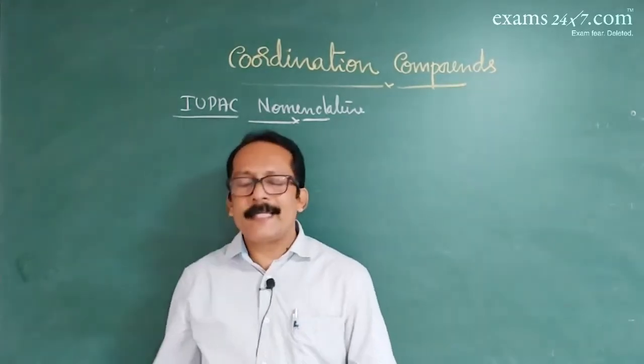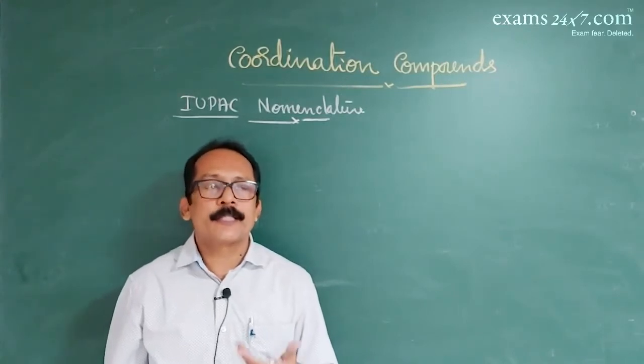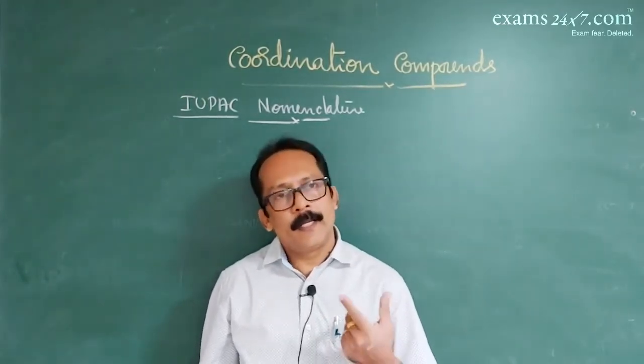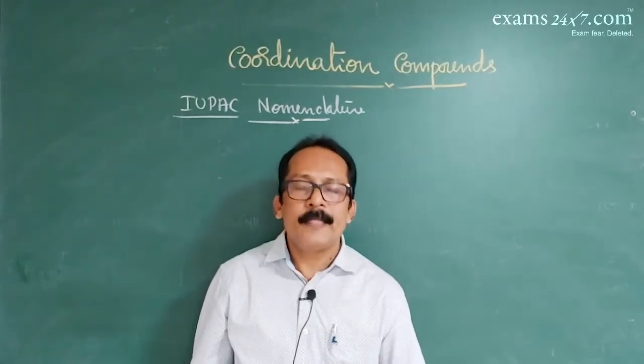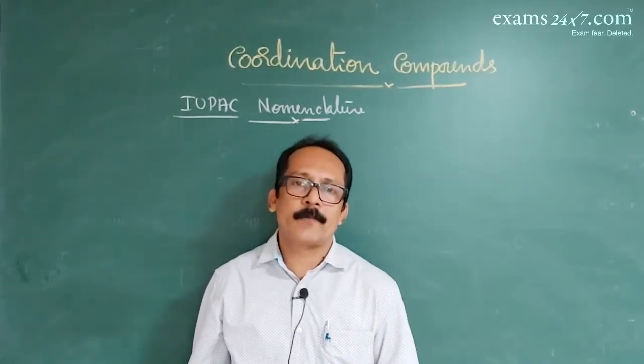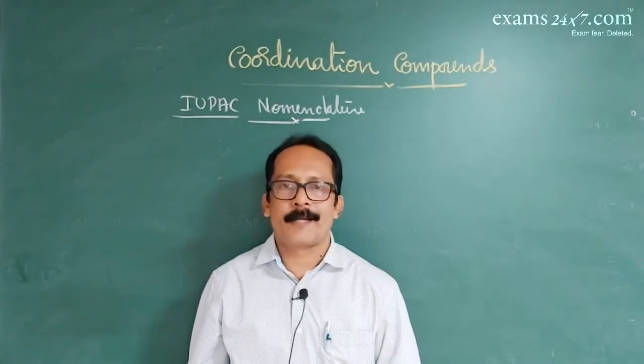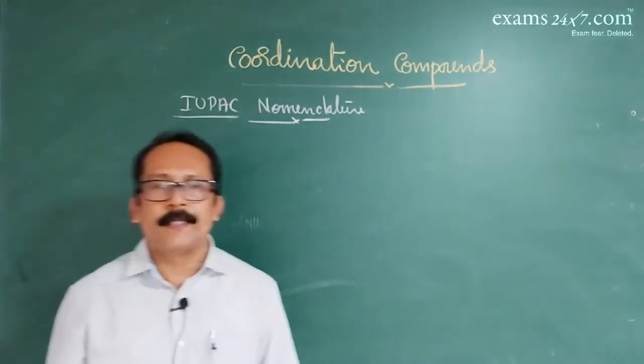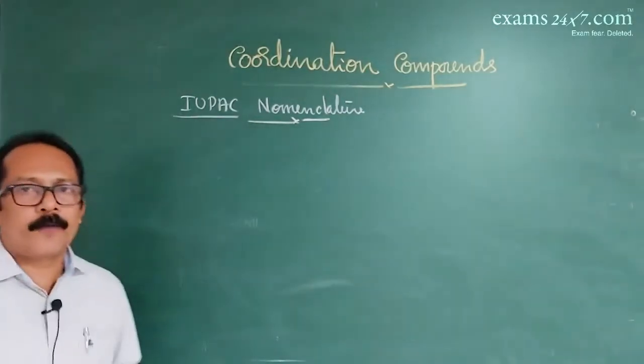The oxidation number is written after the name of the central metal atom or metal ion in a simple bracket. So these are some rules to be followed while writing the IUPAC name of a complex compound.